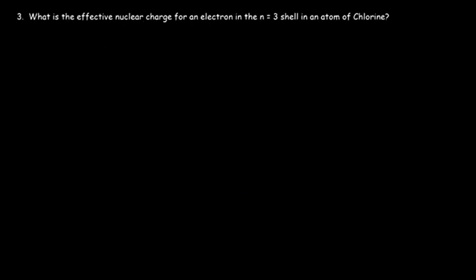Now let's work on one more example for the sake of practice. What is the effective nuclear charge, let's say for an electron in an atom of chlorine in the third shell? So let's begin with the formula. Now what is the atomic number of chlorine? Chlorine has an atomic number of 17, and so there's 17 protons in its nucleus.